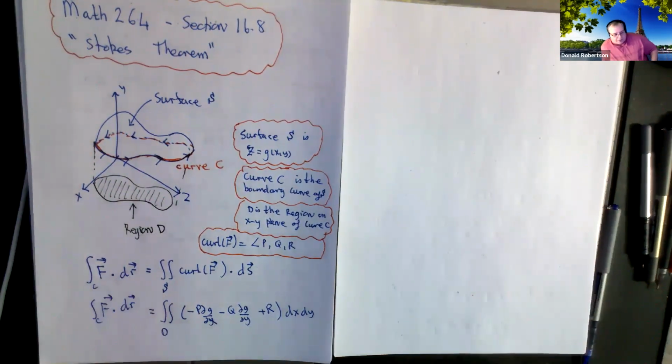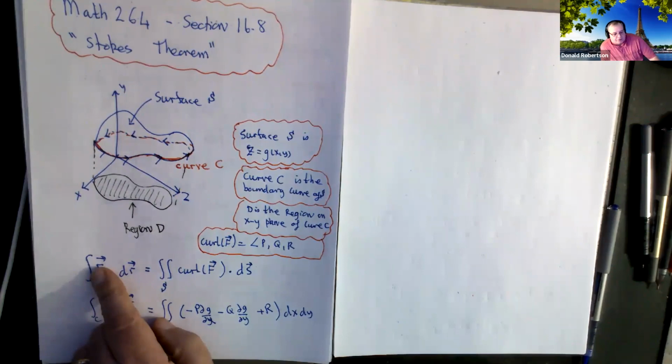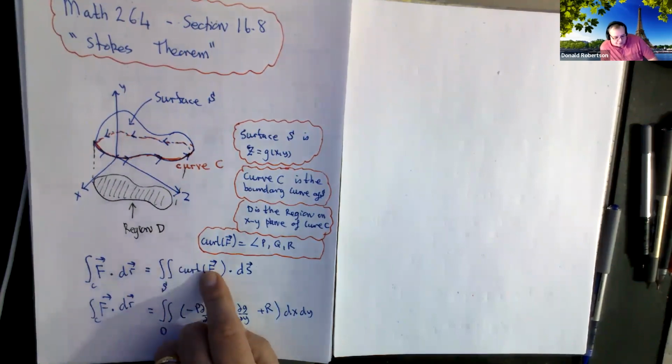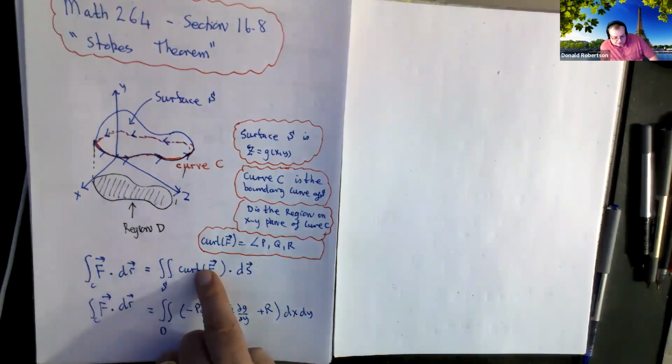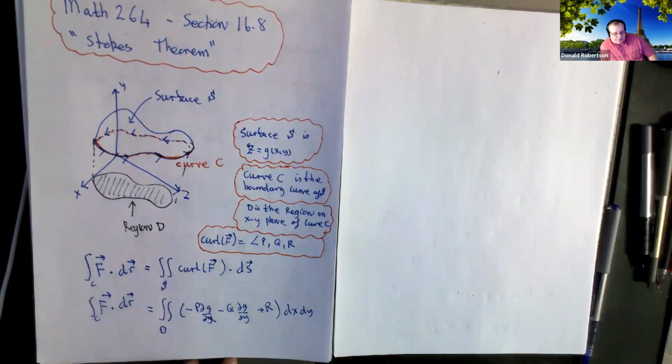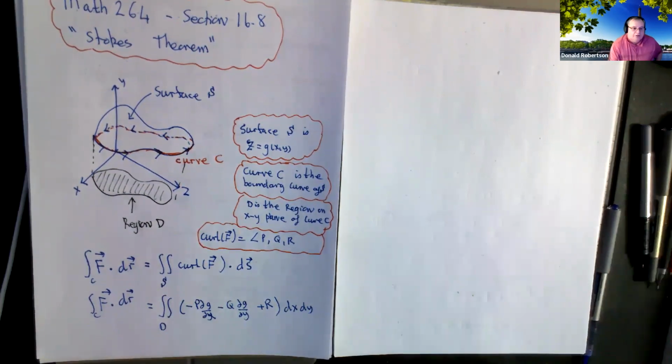And what Stokes discovered was that this single line integral can be converted into a surface integral, a double integral, this guy here. And then this guy in turn can then be converted into this guy down here.